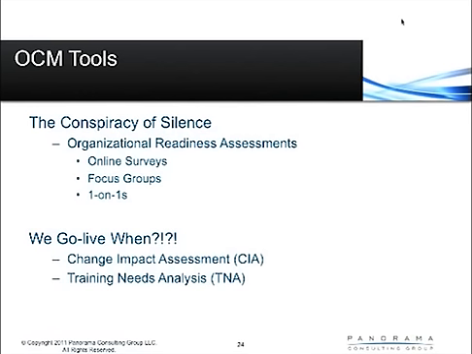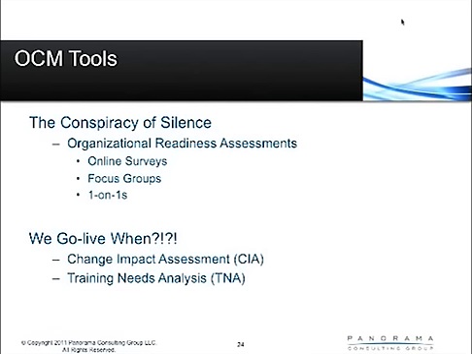When we look at these challenges, the five we just talked about, you have the conspiracy of silence, and one way to address that, if you'll remember, that's the withholding of information or not getting to the root cause of resistance. One way to address that is through organizational readiness assessments, and we typically do those via an online tool that we use.